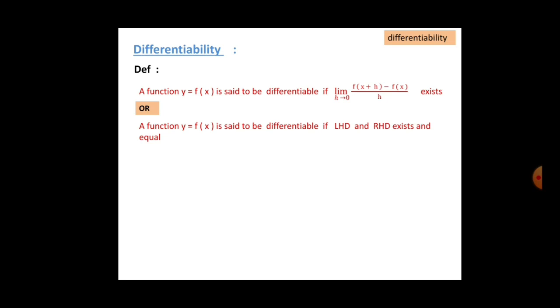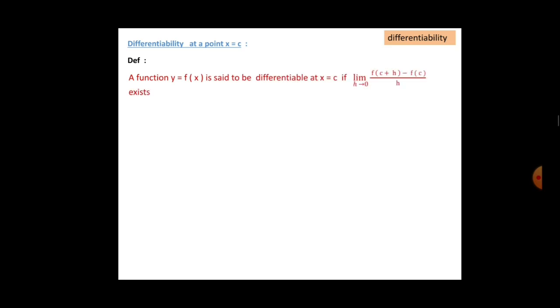If both exist and are equal, then the function is differentiable. That is, the limit as h tends to 0 minus of f of x plus h minus f of x divided by h equals the limit as h tends to 0 plus of f of x plus h minus f of x divided by h.